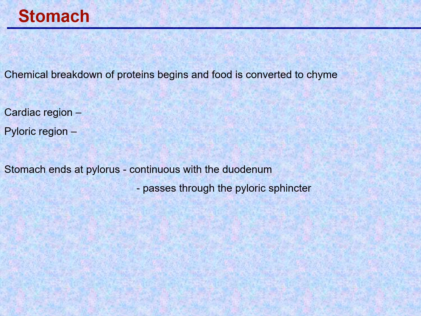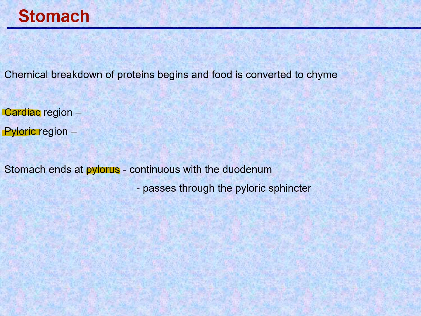There are two major regions to the stomach, the cardiac region and the pyloric region. The stomach actually ends in a structure called the pylorus, which is continuous with the duodenum.